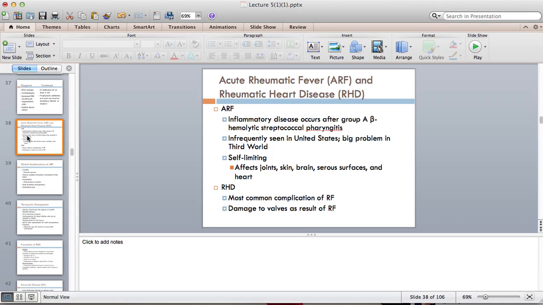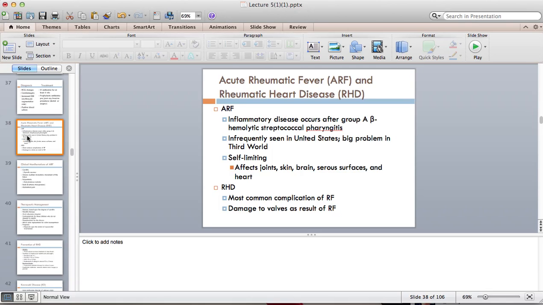Okay, so we don't want that to happen. The same way we don't want it to happen with acute glomerular nephritis, same thing we don't want it to happen here. Most of them are self-limiting, where you have swelling or pain in the joint. Okay, but when it gets complicated, then the person will flip to rheumatic heart disease.